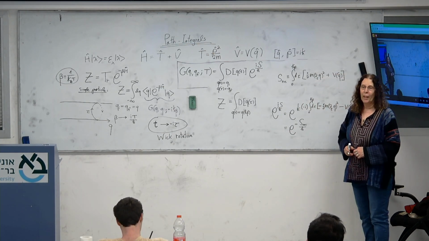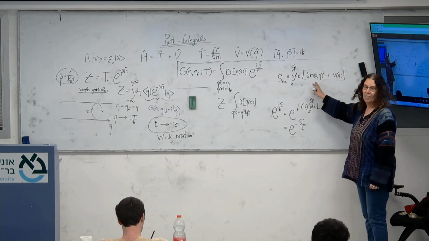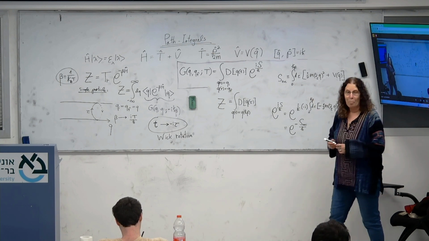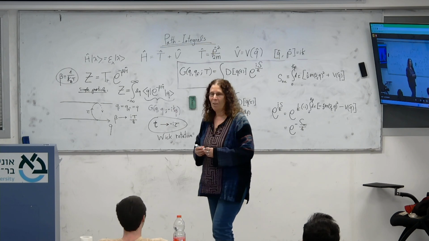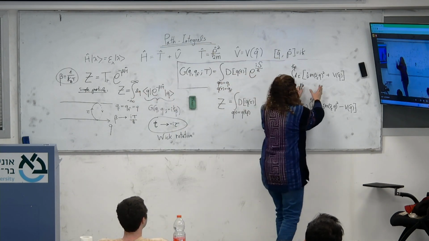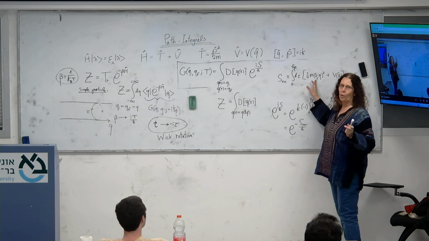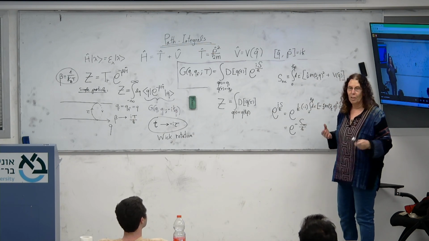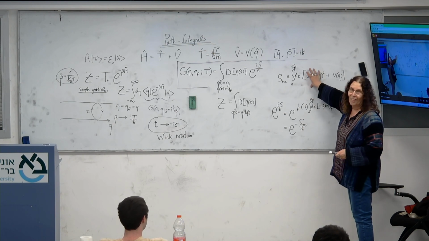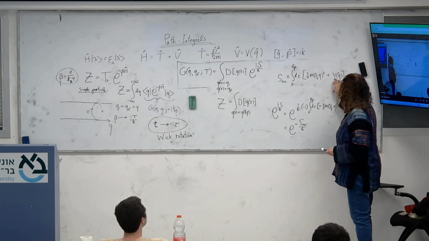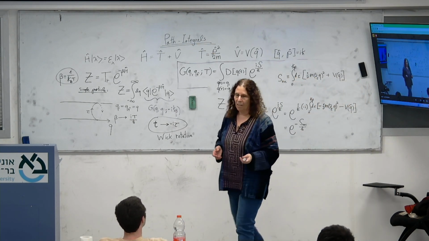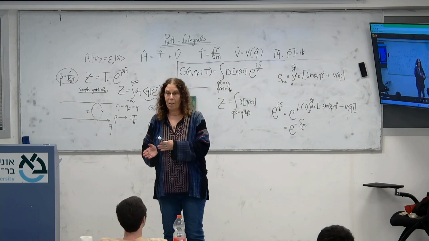This is called an Euclidean action. Why is it called Euclidean as opposed to Minkowski, if you like? If you pretend for a minute that tau is like a time, this is kinetic energy, and this is potential energy, but usually the Lagrangian is kinetic minus potential.